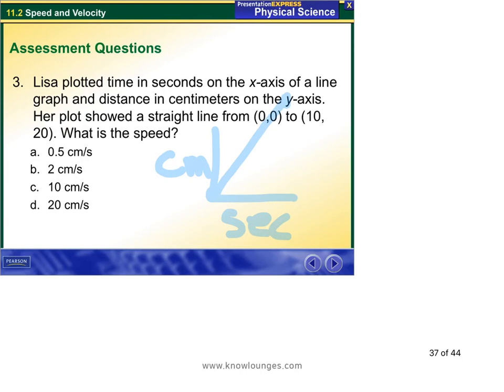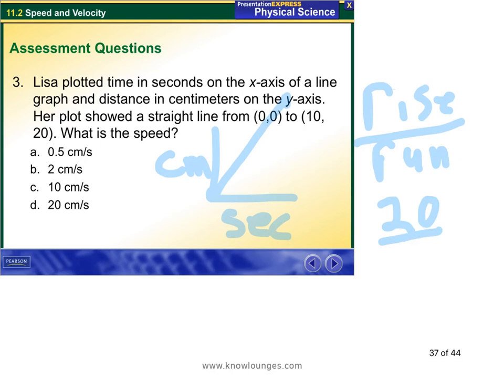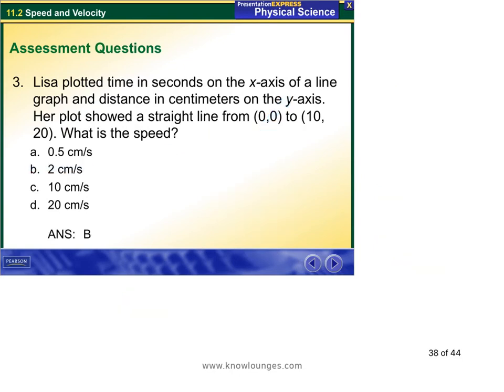If we think of that term rise over run again, the rise is from 0 up to 20, so the rise is 20. The run, how far we go over, was 10 seconds, so 20 over 10 gives us 2 centimeters per second for the speed in this situation.